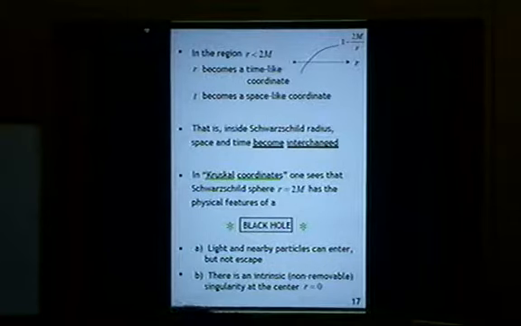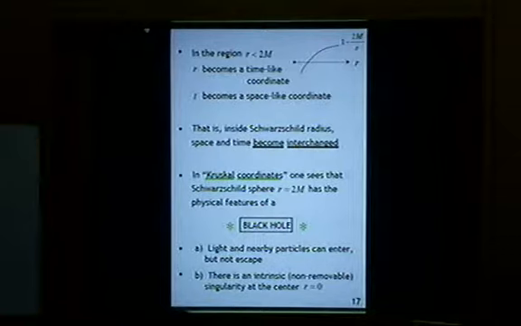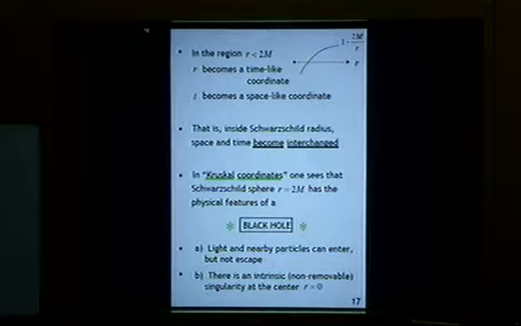And there's an intrinsic singularity at the center. Intrinsic means that you can't remove it by a change of coordinates. Now Einstein's equations are tensor equations, so it's possible that it's a bad choice of coordinates, and with a coordinate change you could remove that singularity, but that's not true.